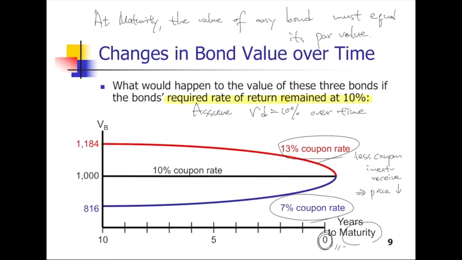The discount bond gradually goes up, right? Because investors can expect the principal at maturity. So the value of the principal increases and the price goes up. So at maturity, the value of any bond must equal its par value.